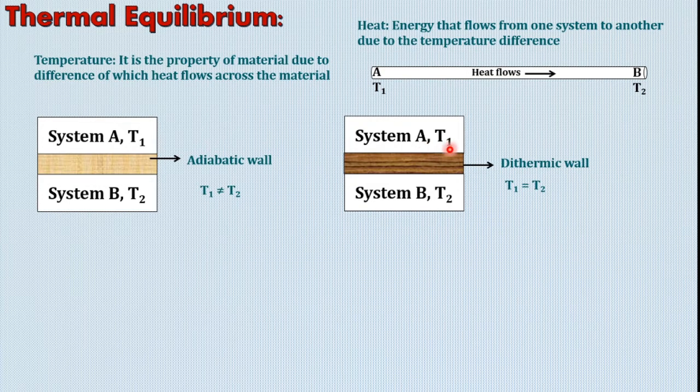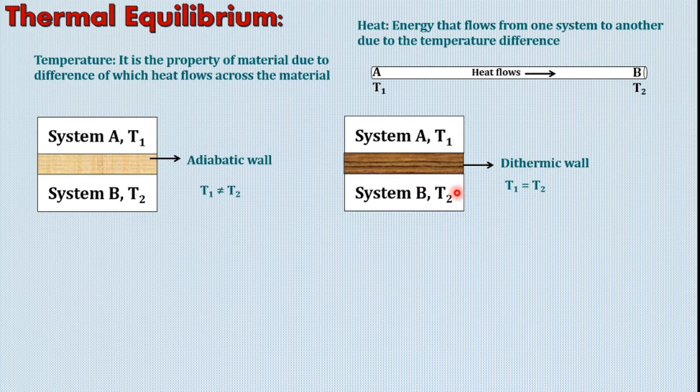And therefore, even if temperatures T1 and T2 are different at the beginning, after some time there will be energy transfer across system A and B, and temperature of both systems will become the same, irrespective of which one is greater.